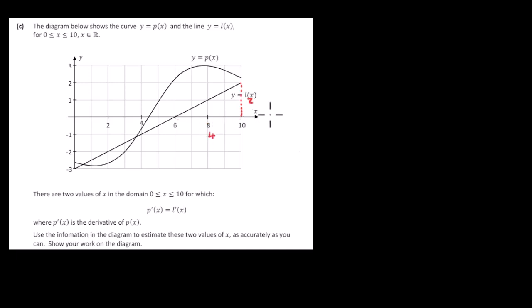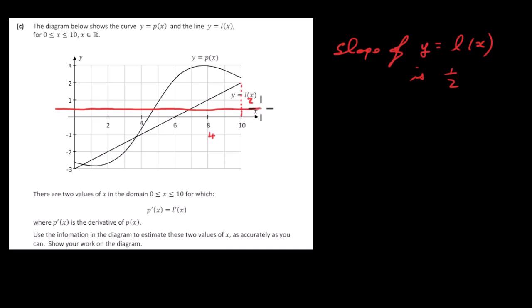So the slope of our line is going to be 2 over 4. So the slope of y is equal to L of x is a half. If we were to plot that, we would be drawing a line, and that's the line y is equal to a half.